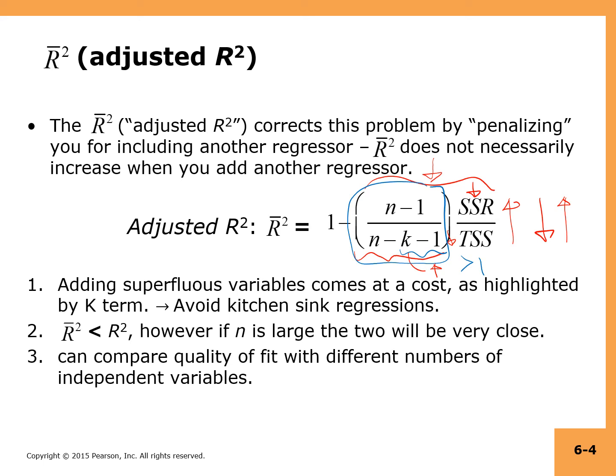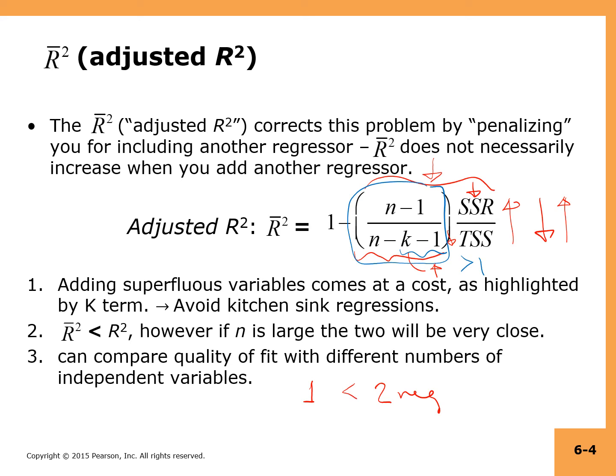So the good thing about adjusted R squared is that it allows you to compare the quality of fit with different numbers of independent variables. With R squared, if you have a model with one regressor versus a model with two regressors, the model with two regressors would always have a higher R squared.